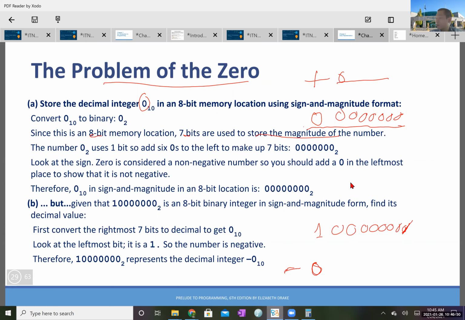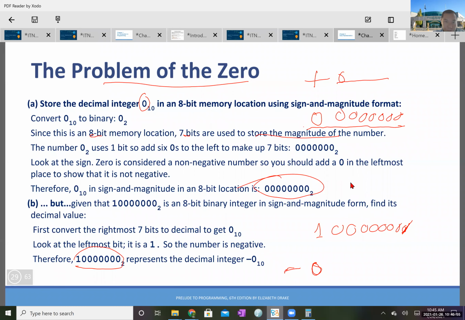So it makes a lot of confusion with the computer. That's why for the computer, they normally don't use the sign magnitude because it's very confusing when working with the number 0. You have 2 ways to represent it, this one or this one.